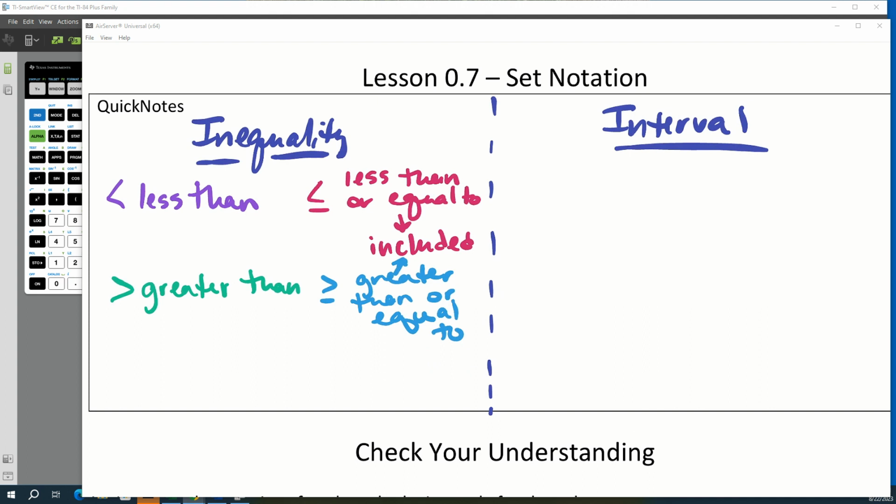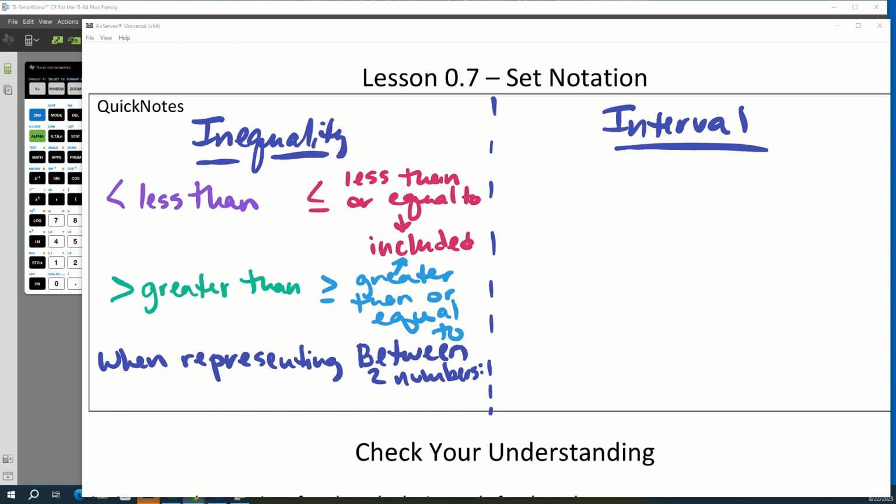Now, sometimes you use these inequalities to represent between two numbers. So when representing between two numbers, you're going to put the smaller number on the left.